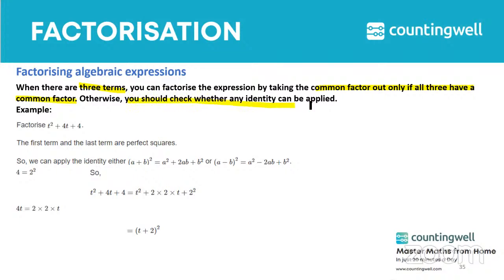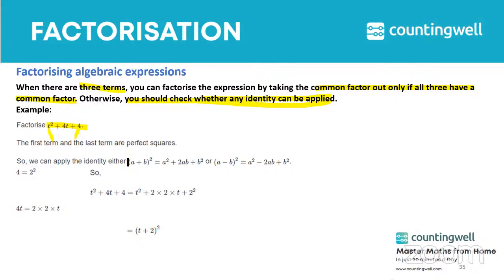Otherwise, you have to check whether you need to use an identity or split the middle term and then take the common factors out. For example, here you have t square plus 4t plus 4. The first term and the last term are perfect squares, since 4 is the square of 2, whereas 4t can be written as 2 into 2 into t.